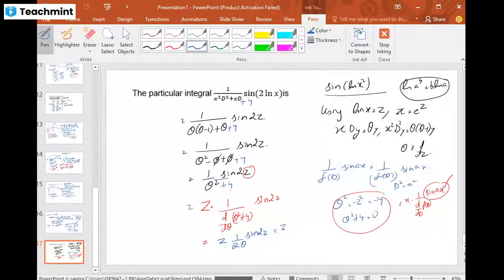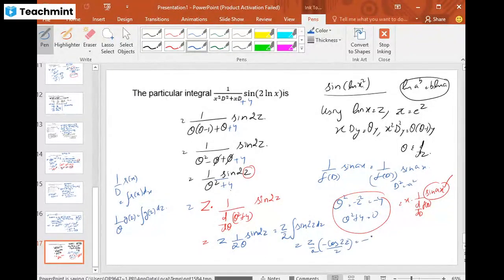And what is the meaning of 1 by D? 1 by D means integral, because 1 upon D of f(x) is the integral of f(x) dx. So 1 upon D of some function of z means the integral of this function. It is the integral of sine 2z dz. So its integral is minus cos 2z upon 2.